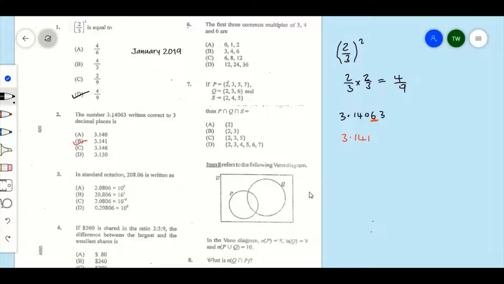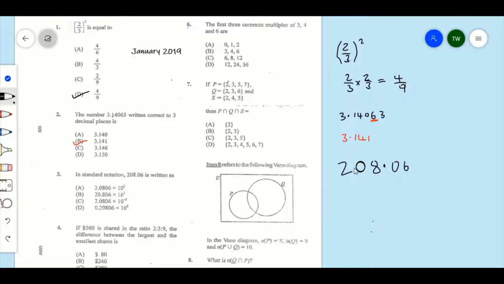So here we're given the number 208.06. If the first digit before the decimal point should be a non-zero digit between 0 and 10, that means we want the decimal point between 2 and 0.